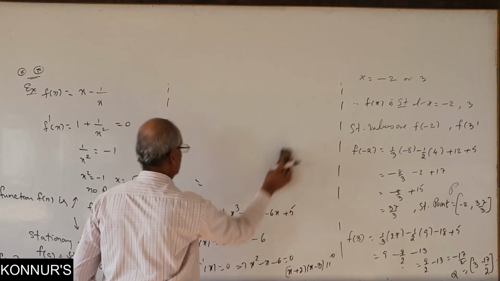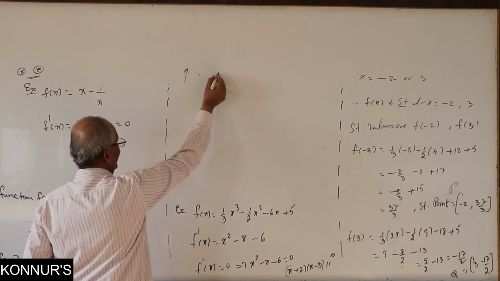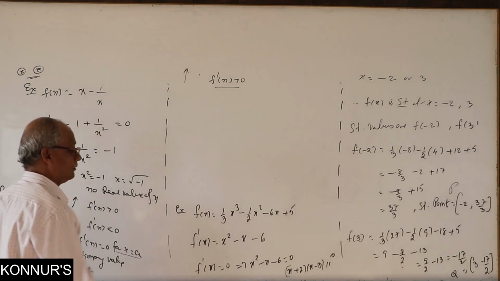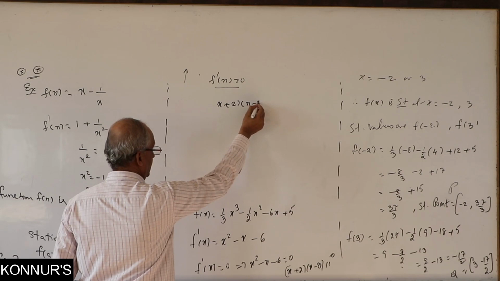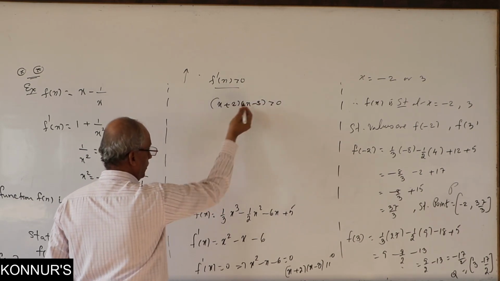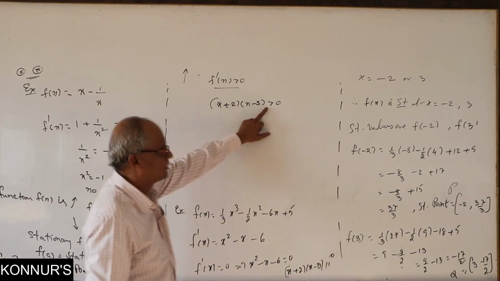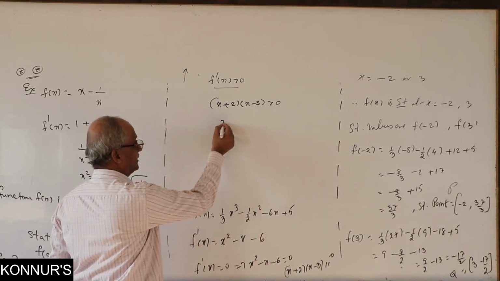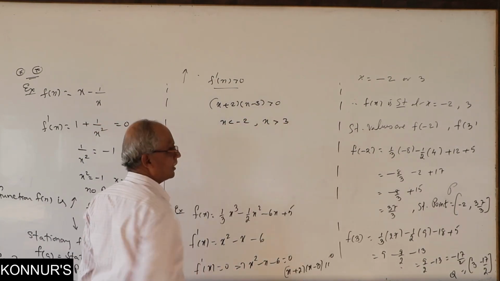For increase and decrease, what is our concept? Increasing: f dash x greater than 0. What is f dash x here? x plus 2, x minus 3 greater than 0. When the product is greater than 0, what is the solution? Positive means it does not lie between, but outside, on the negative side. So x is less than the smaller number or greater than the greater number.